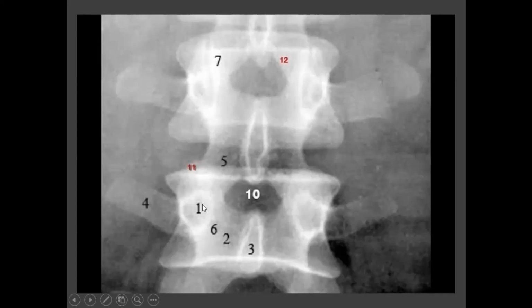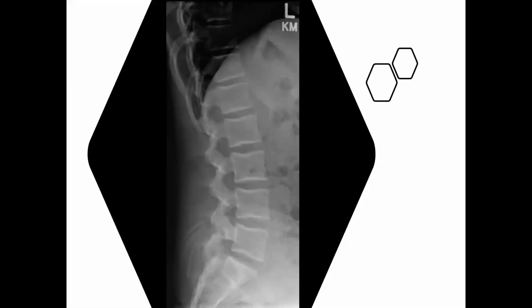For example, the pedicle is looking like a circle, but is it really a circle? Pedicle is nothing but a pillar. But when you see a pillar in tunnel vision, it looks like a circle. Now let us see in the lateral view. This is your pedicle, but when the beam is coming like this, the pedicle looks like a circle.